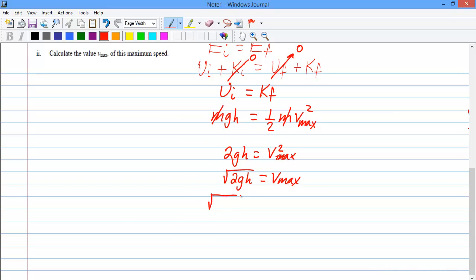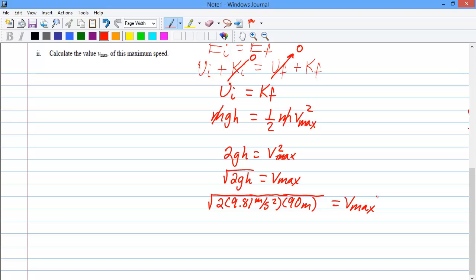Plugging in our values, we have the square root of 2 times 9.81 meters per second squared times the height, which is 90 meters, and that's going to equal v max.